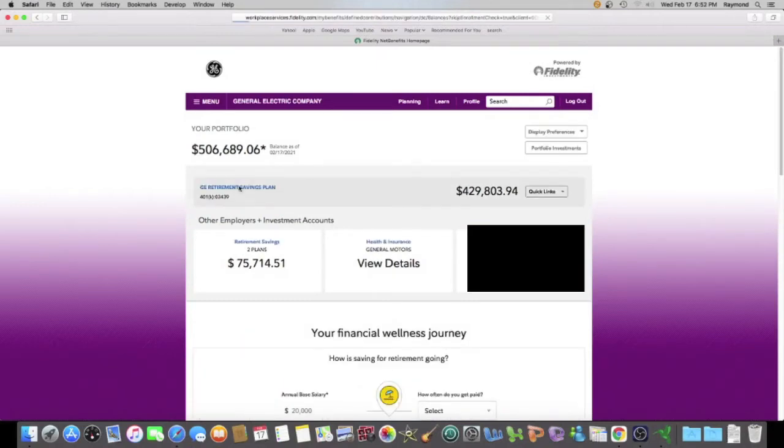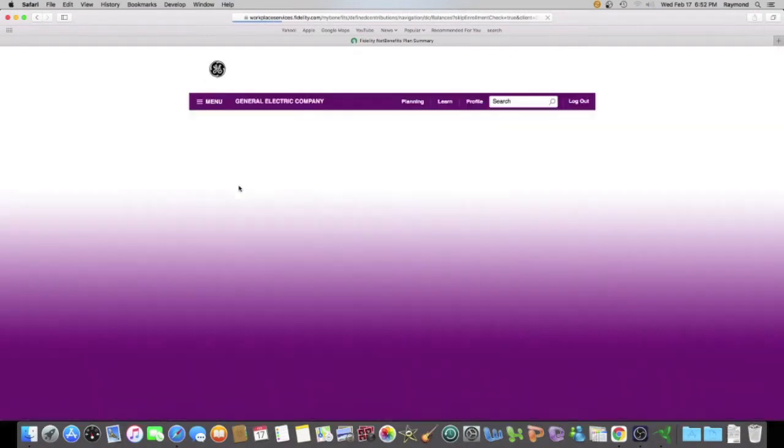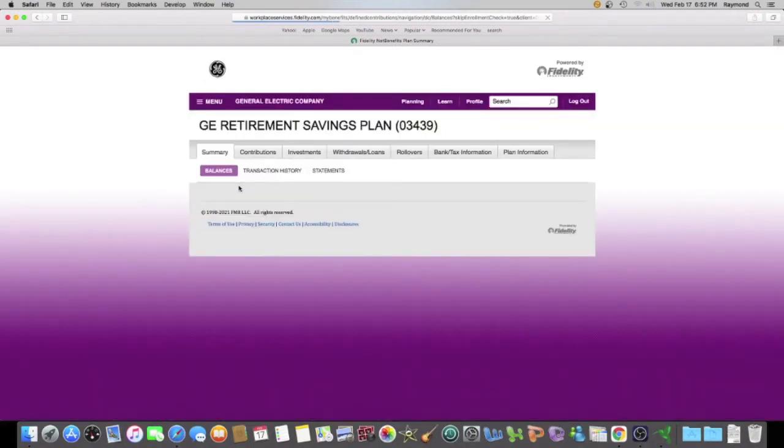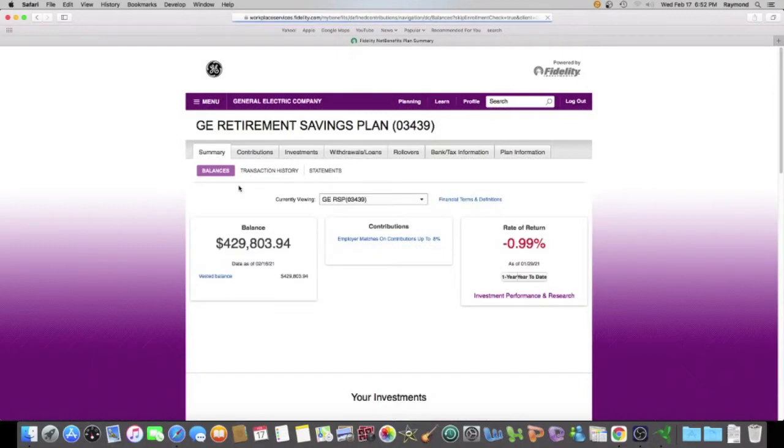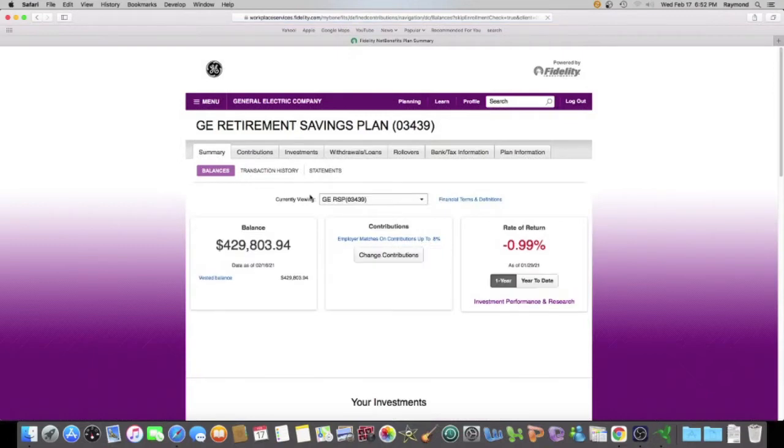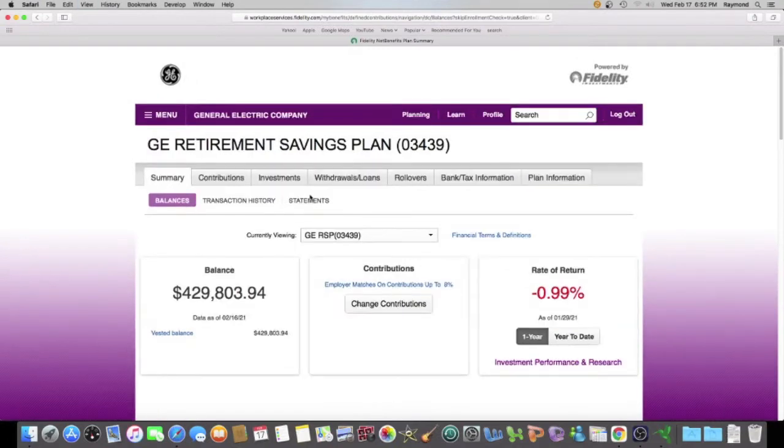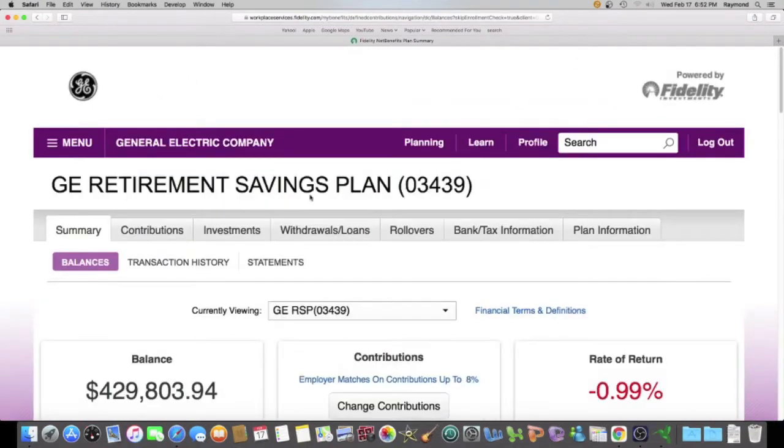So we are going to go into this GE plan. And we are going to make the screen bigger so everybody can see it.